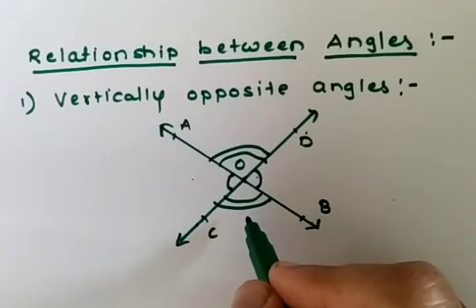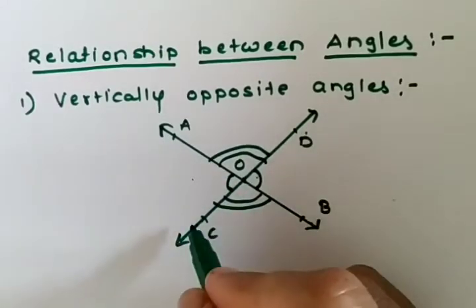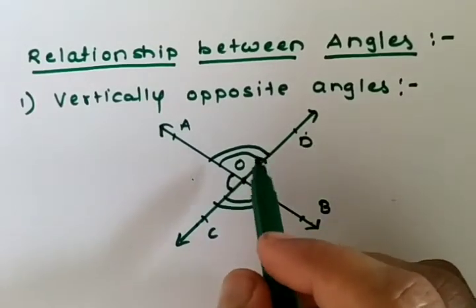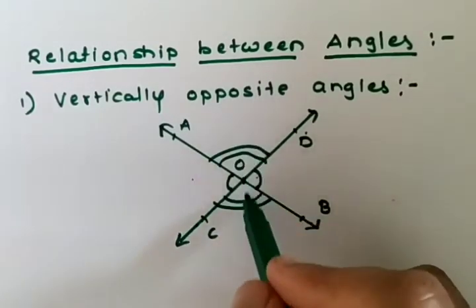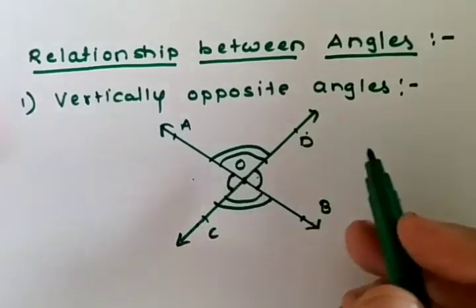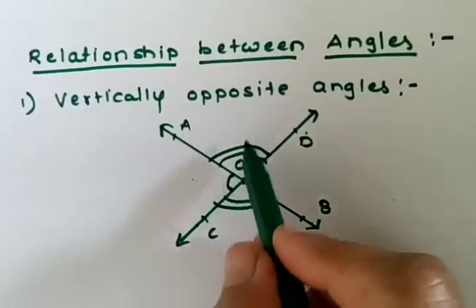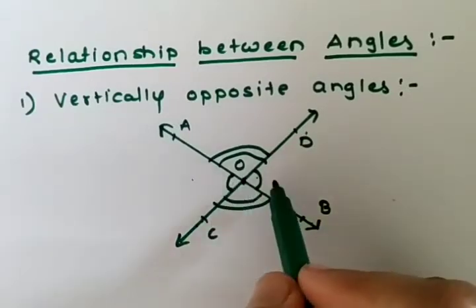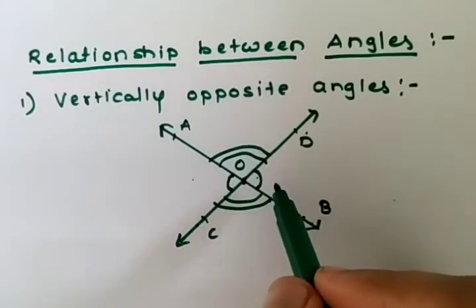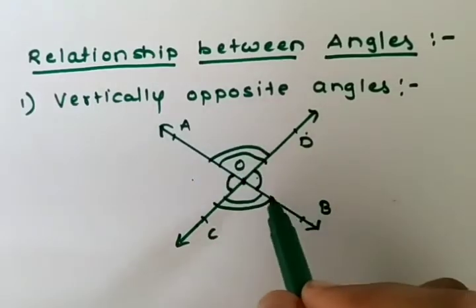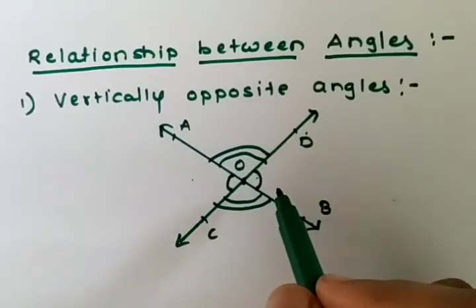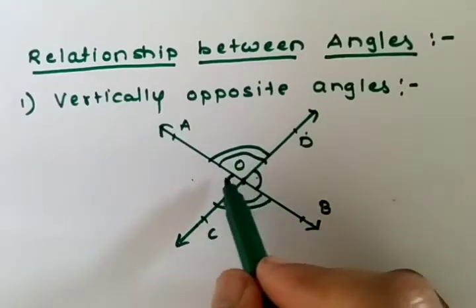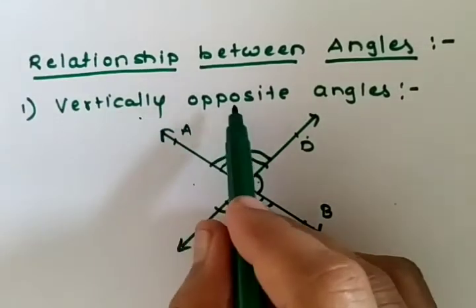So when two lines intersect at a single point, the angles formed are opposite to each other. One angle is above, other is below. One angle is on the left side, other is on the right side. So when two lines intersect, the angles formed opposite to each other are called vertically opposite angles. Why are these said to be vertically opposite?